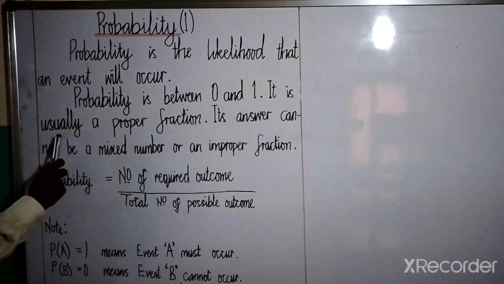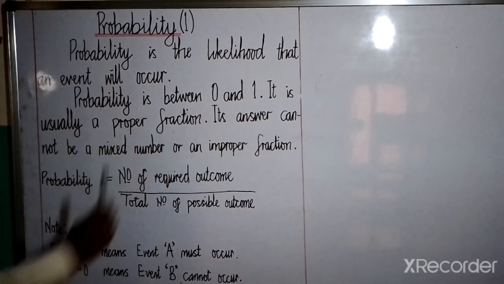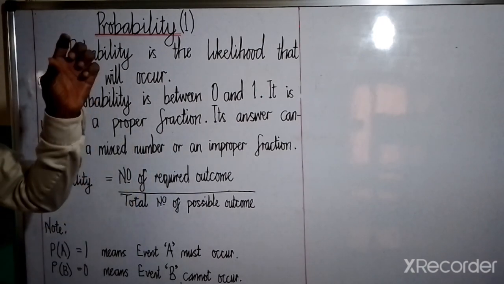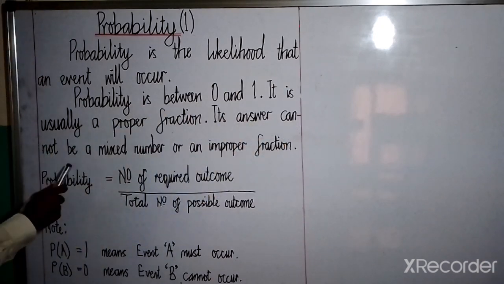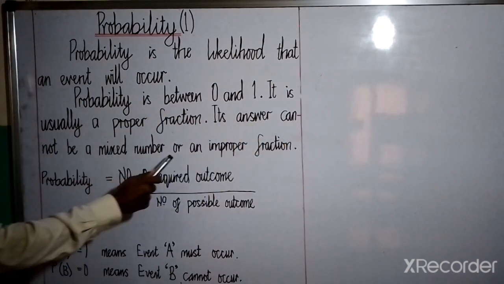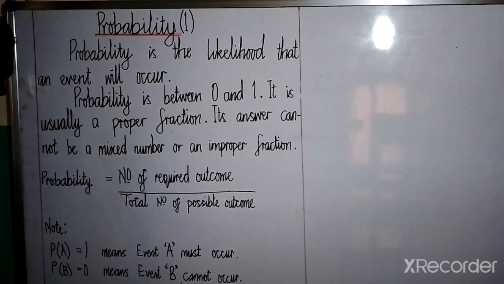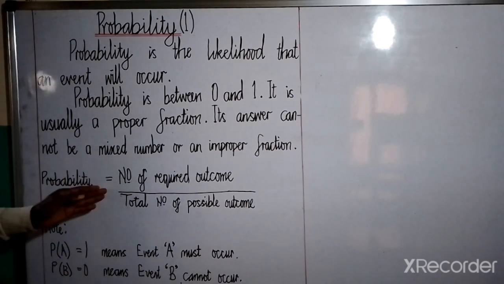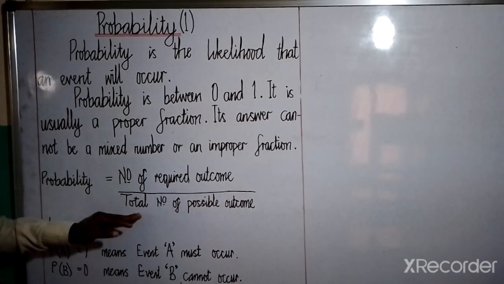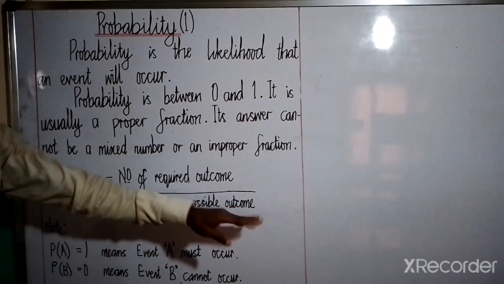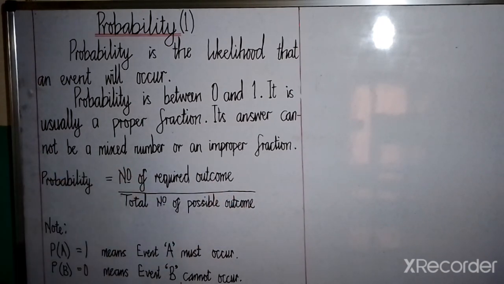It is usually a proper fraction, that means the numerator is smaller than the denominator. Its answer cannot be a mixed number or an improper fraction. So we say probability equals number of required outcomes over total number of possible outcomes. So that's the formula for probability.